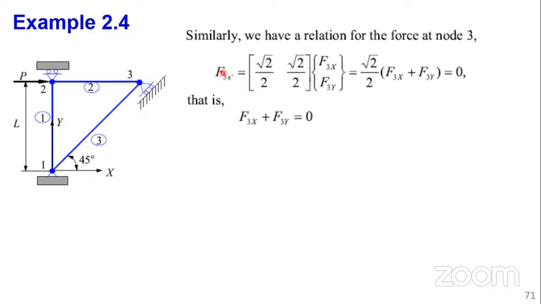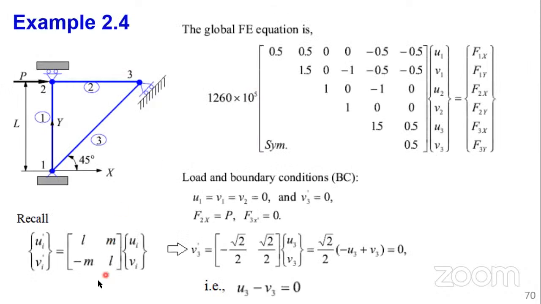So the same equation that we are using for U, we could say F prime i in the X direction, F prime xi, F prime yi is equal to this, then F. U represents the X direction, V is the Y direction.